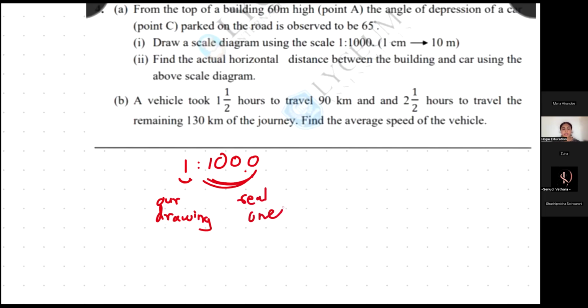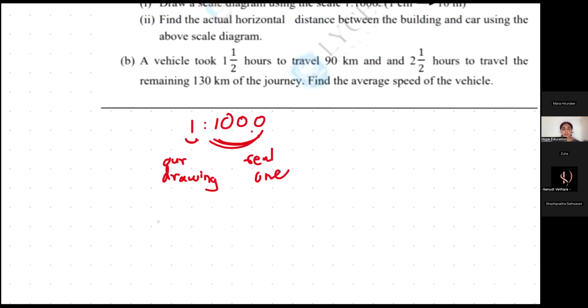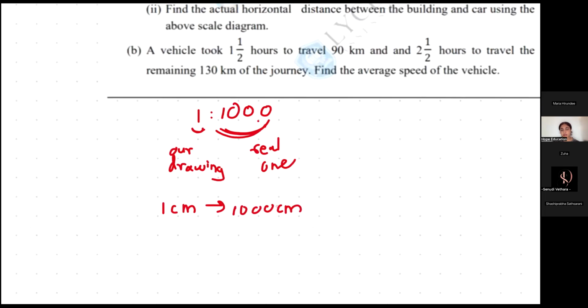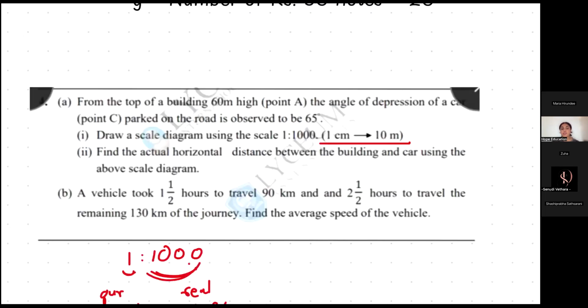So that means if ours is 1 centimeter, the real one is 1000 centimeters. And we know 1000 centimeters, how do you convert it to meters? You divide by 100, so you get 10 meters. So 1 centimeter is represented by 10 meters. That is what they have given directly here, but in case they don't give it, you know how to work it out now.